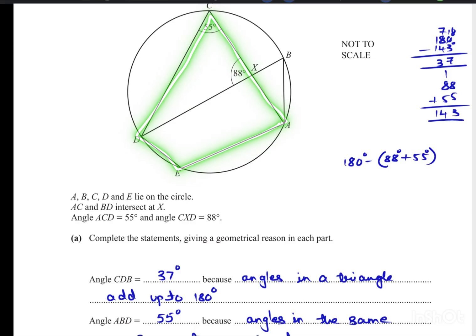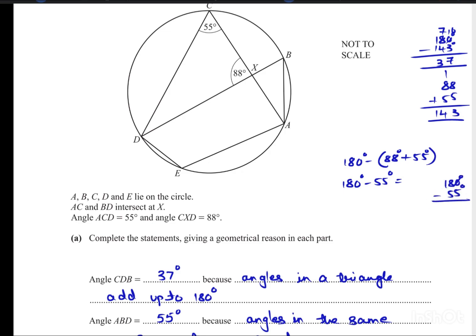So in a cyclic quadrilateral, the opposite angles add up to 180 degrees. So 180 minus 55, you get the angle AED. So 180 minus 55 will be 125.